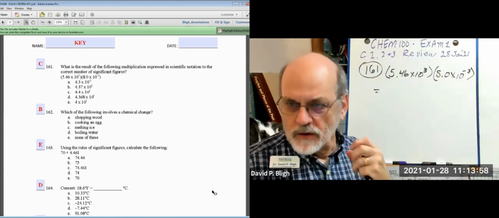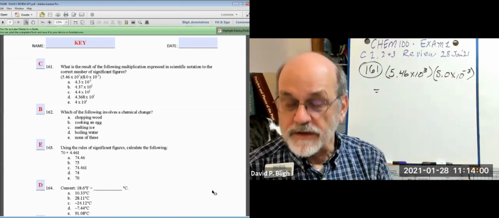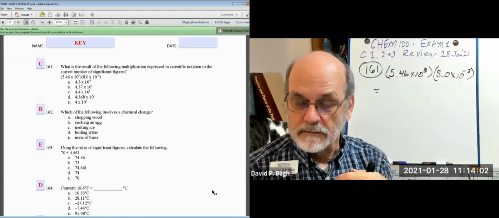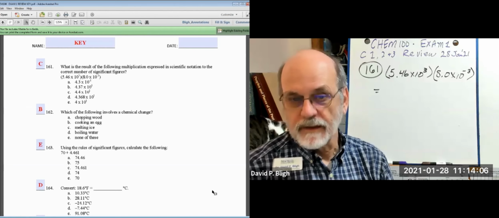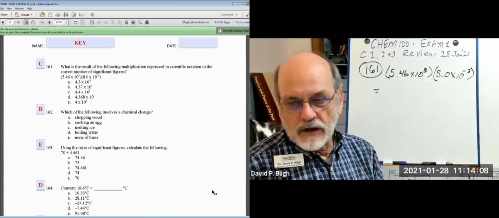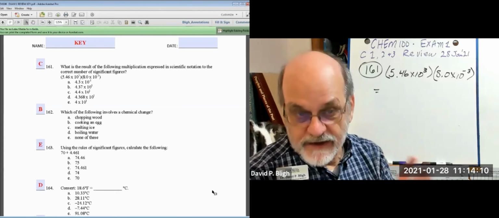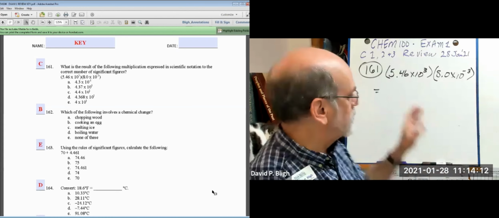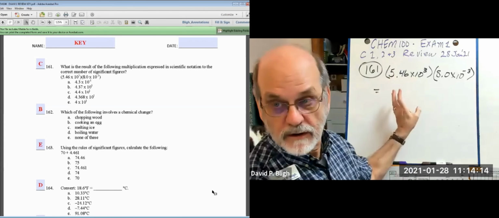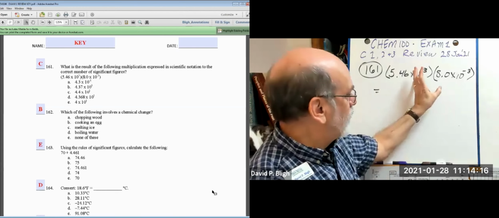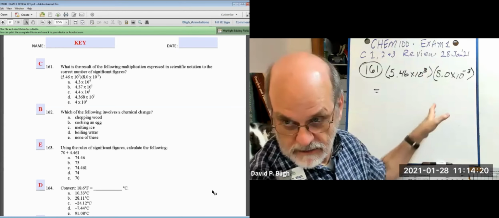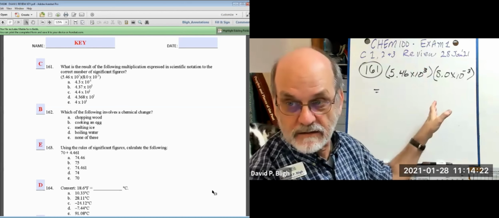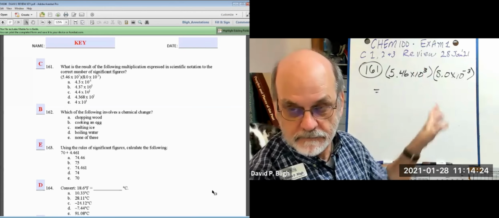All right, when you're operating with scientific notation, you multiply, in this case, the coefficients first, and you get a number. And then you operate the powers of 10, and you get an exponent, powers of 10, multiplied by it.